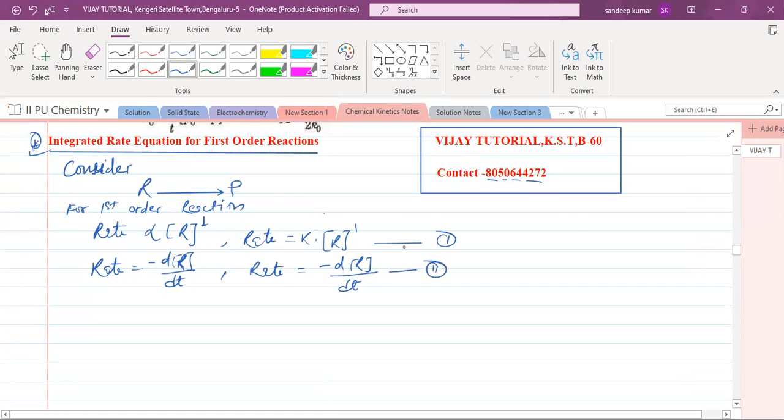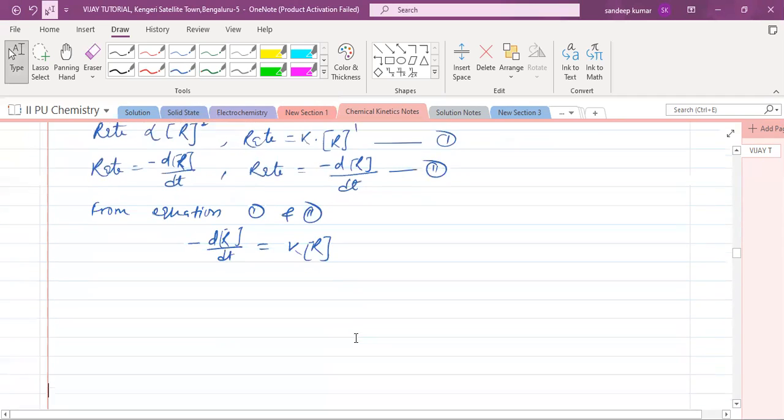As both rates are equal, from equation 1 and 2 we can write minus dR by dt is equal to K into R to the power 1, that is K into R.